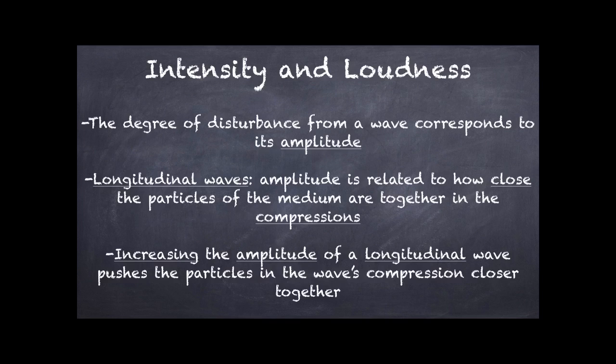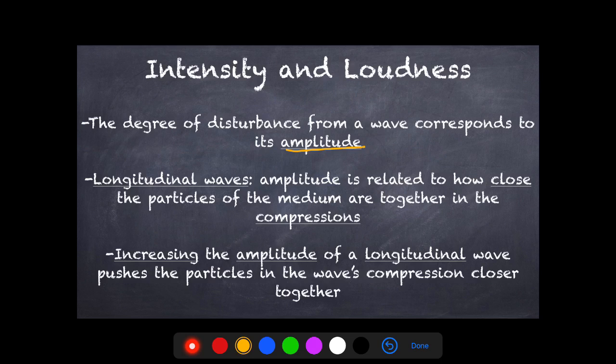The first thing we need to talk about is that a wave has a couple of parts to it. You have something called an amplitude, which is the degree of disturbance from a wave. The amplitude is related to how close the particles of the medium are together in the compressions.